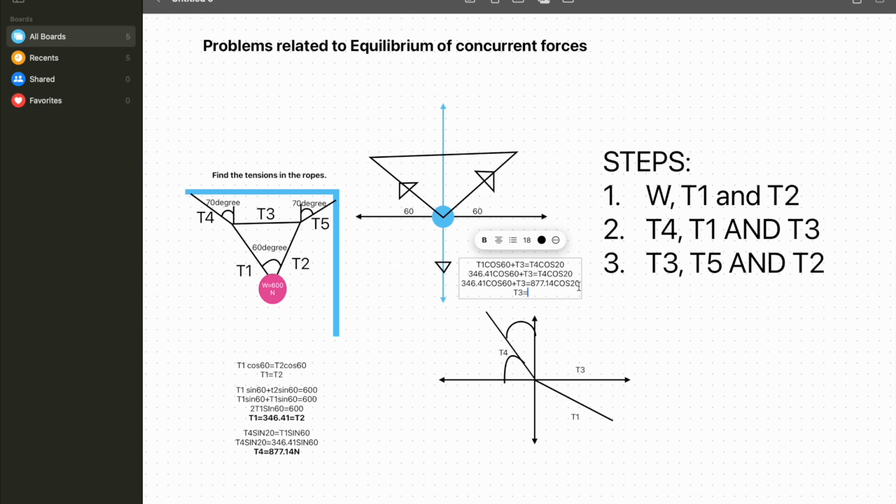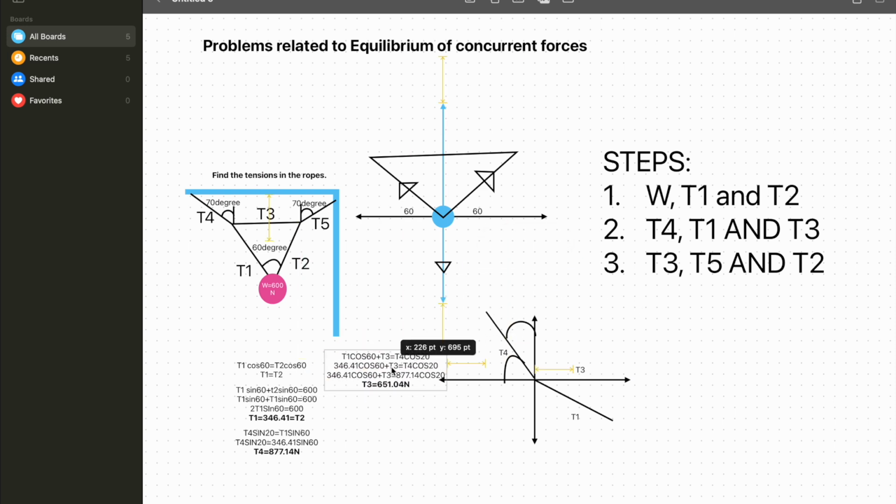So 651.04 Newton. We got our T3 as well.